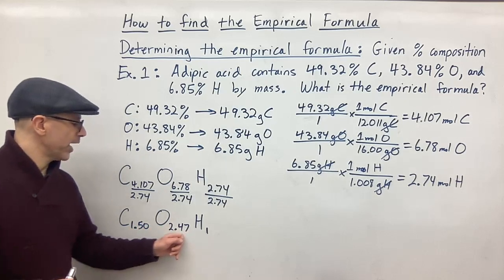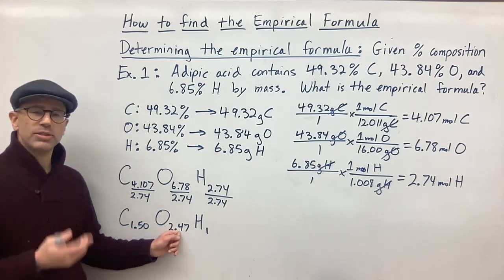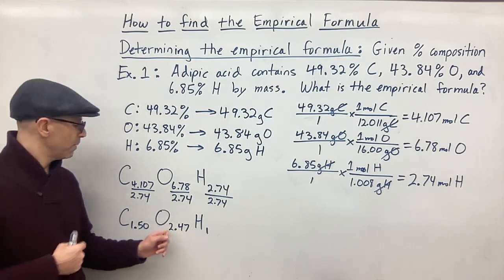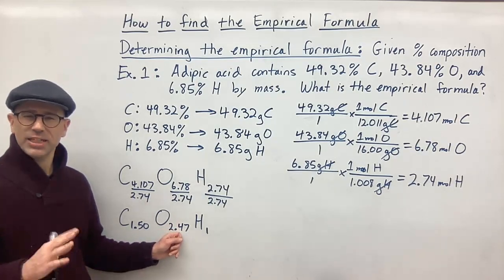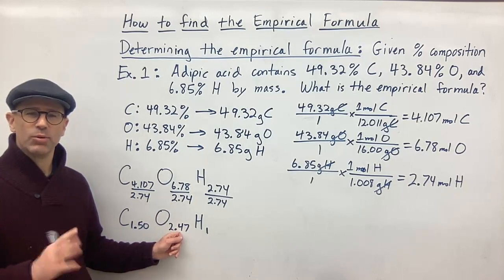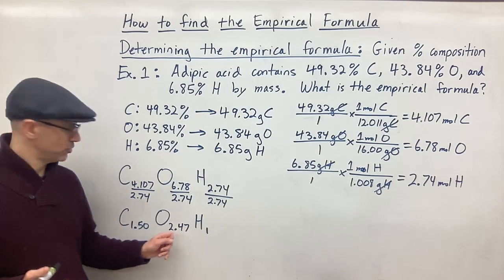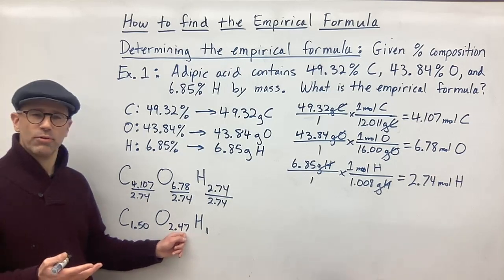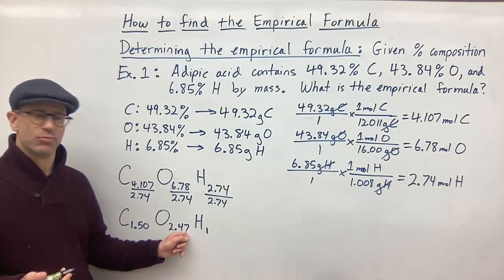So don't be afraid to round if it's really close. Now, most of the time they'll be really close, but I would say if you got something like 2.45, that's pretty far, and so I would double check your calculations. I wouldn't round that to 2.5, right? But 2.47 is pretty close. That's close enough to round.